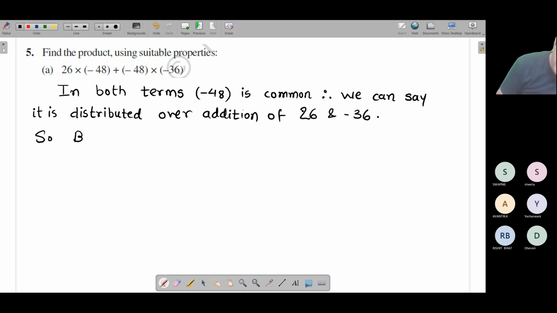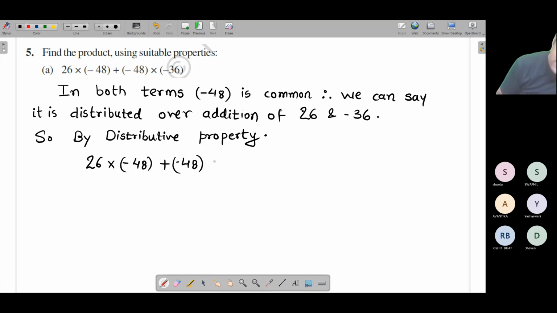So by which property? Sir, distributive property. The distributive property. Very good. So 26 cross minus of 48 plus minus of 48 cross minus of 36.